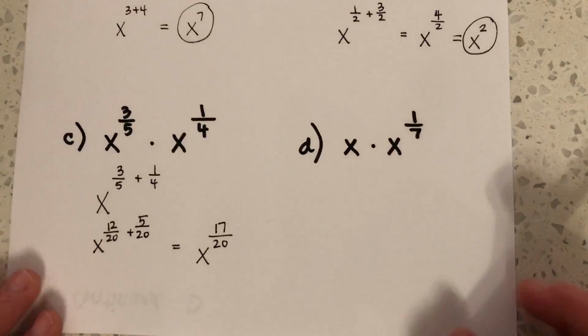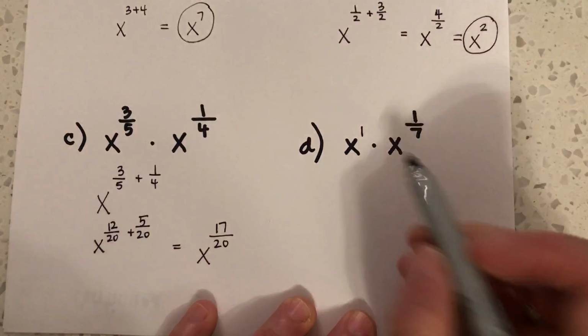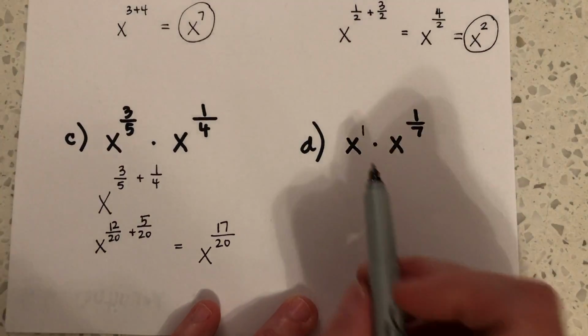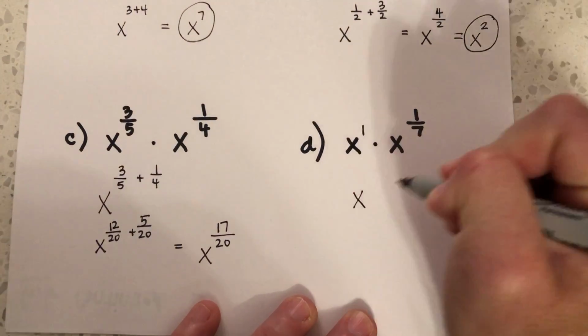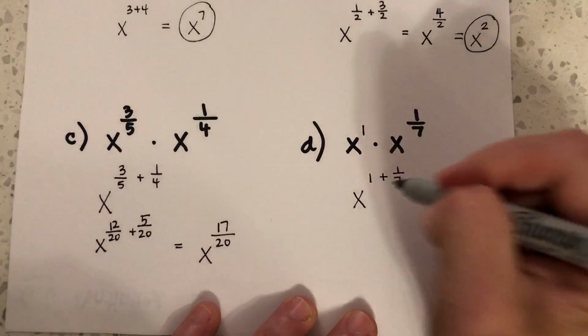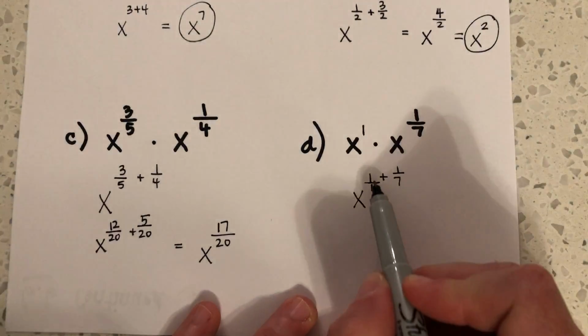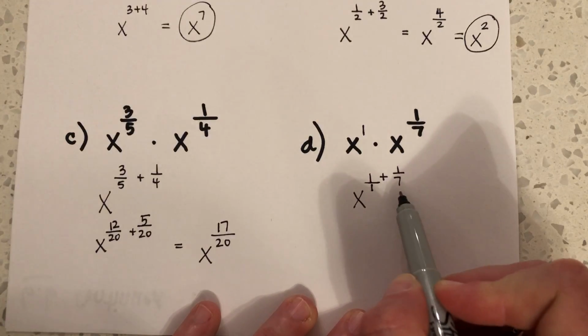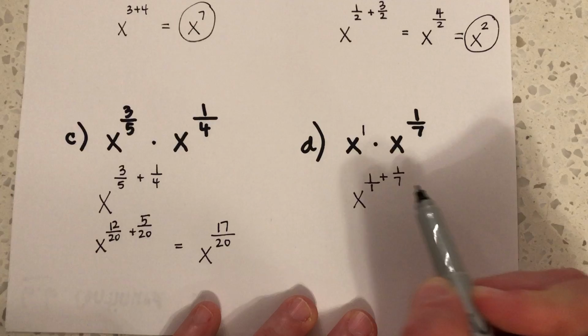All right, look here. x to the, what power is assumed? First, times x to the 1/7. If I'm multiplying the same base, I have to add my exponents. That's going to be x to the 1 plus 1/7. To make 1 a fraction, just put a 1 under it. So now I have to add 1 over 1 plus 1 over 7, so I have to get a common denominator. A common denominator between 1 and 7 is 7.